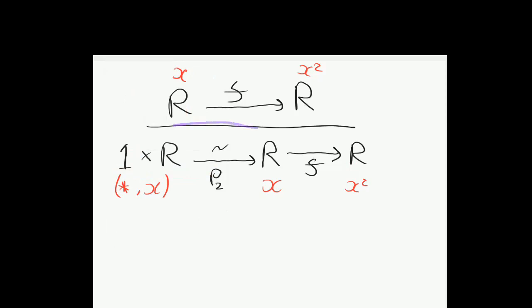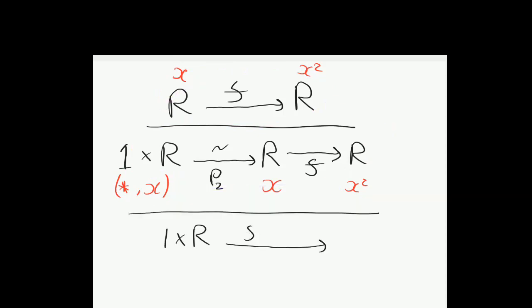So if you think about this composition, it takes in a star comma x and returns x squared. And the thing above the line takes in x and returns x squared. So these are two pretty similar situations. So we can just tidy this up a bit and write this as the composition: the function f after p2, and it's a function from 1 times R to R.